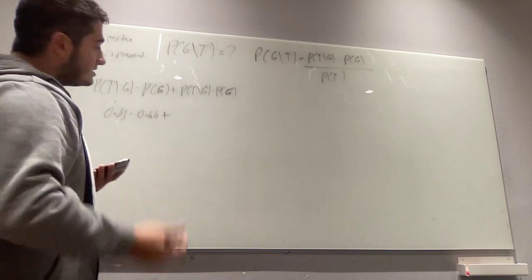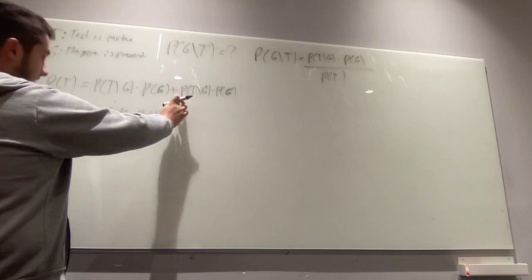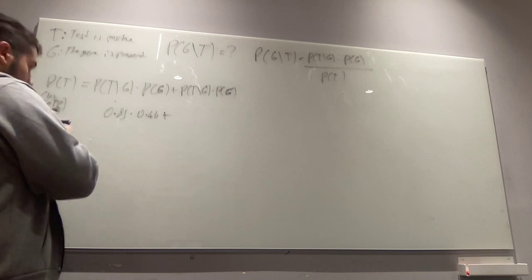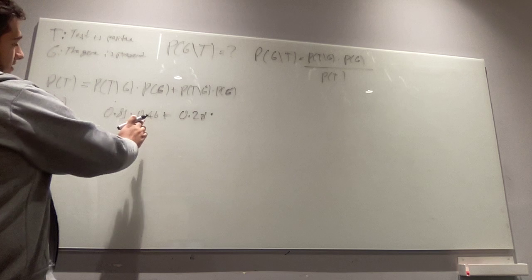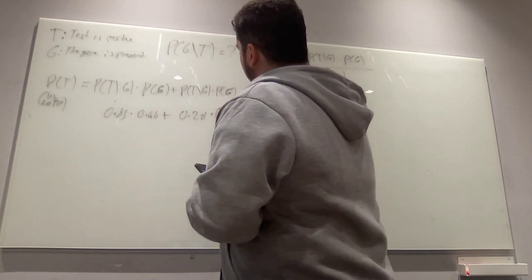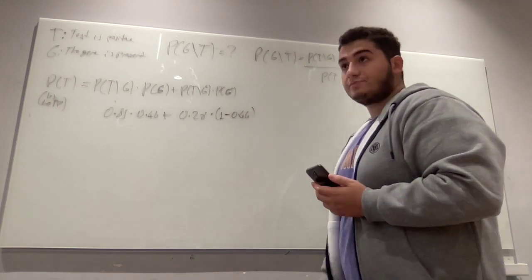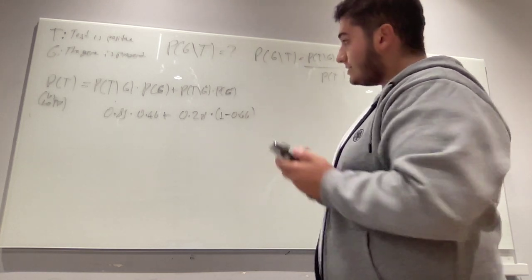The gene is not present, but the test gives a positive signal. That means false positive, and its probability is 0.28 times probability G complement. G and G complement, as I've already shown here, constitute a partition. So probability G complement is 1 minus 0.46.